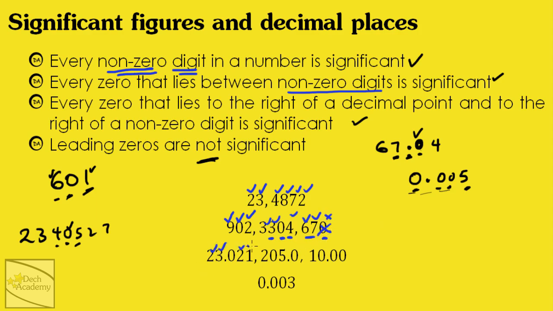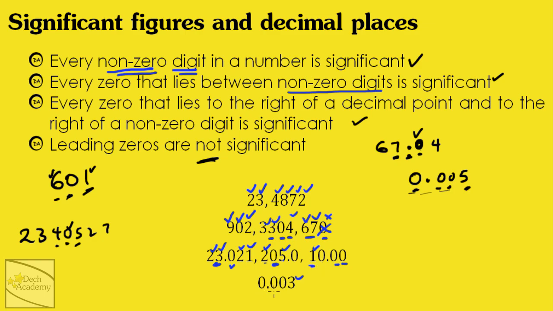2, 3, 2, 1, 2, 5, 1, 3, they're all significant. This 0 is significant because it lies to the right of a decimal point and to the right of a non-zero digit. 0 here is significant because it lies between two non-zero digits. This 0 and this 0 are significant because they lie to the right of a non-zero digit and to the right of a decimal point.